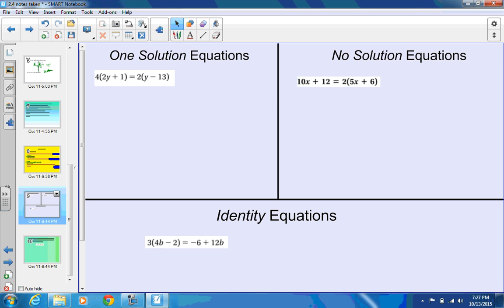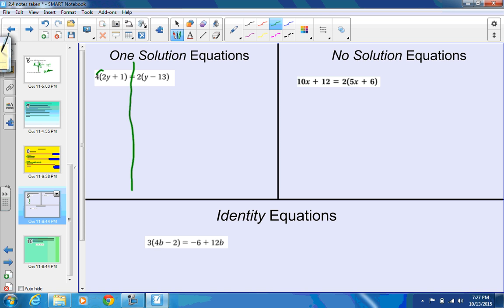So let's start with this first one with the one solution. This is what we're familiar with. All right, so let's just divide up the two sides right away. And I'm going to simplify the left side. Looks like with this parentheses, with addition inside, and a number multiplied by that parentheses, you're going to distribute.